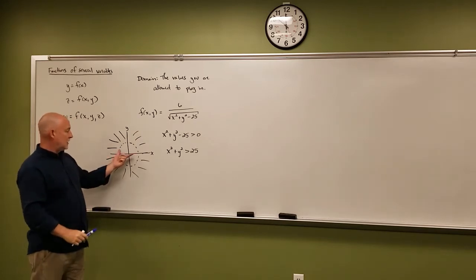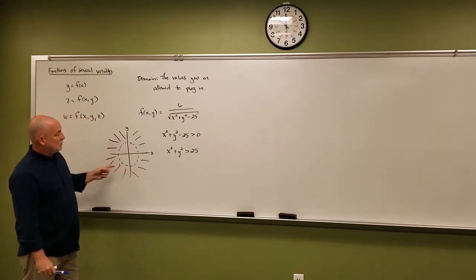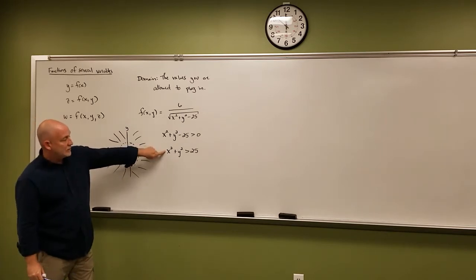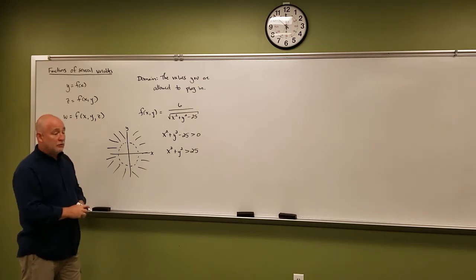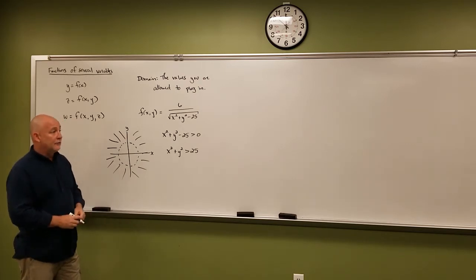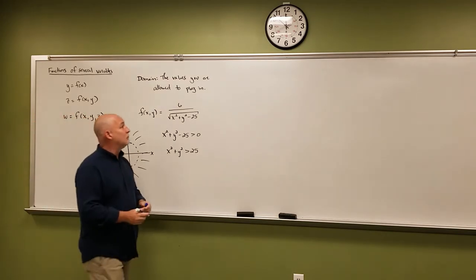We can't use anything inside the circle because it's got to be greater than that. Generally you don't have to sketch a picture. Just something like this is pretty standard. So when you're looking for domain, you're just finding all the values you're not allowed to plug into that particular function.